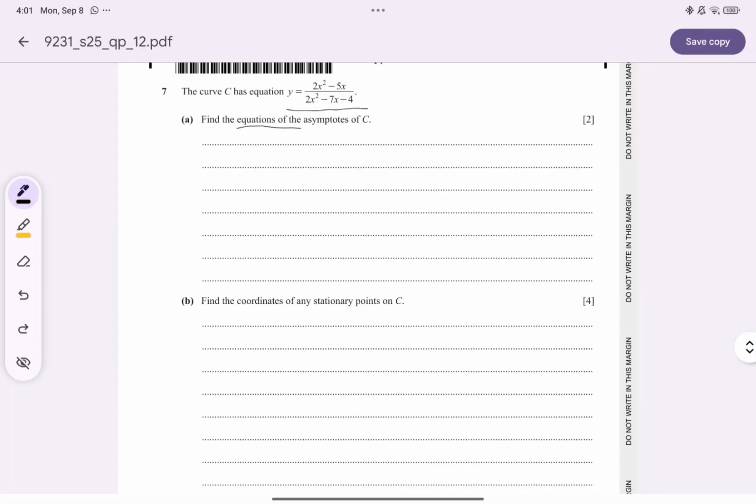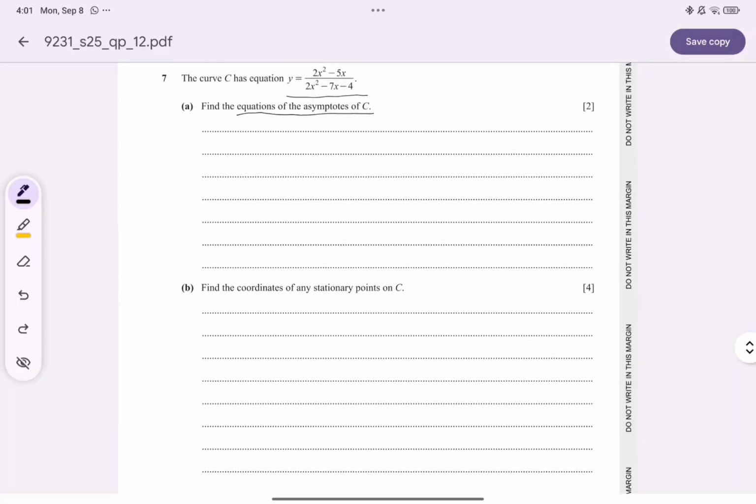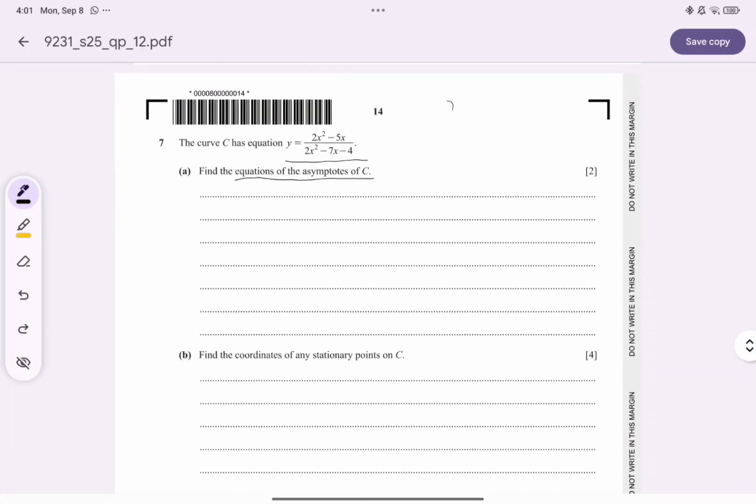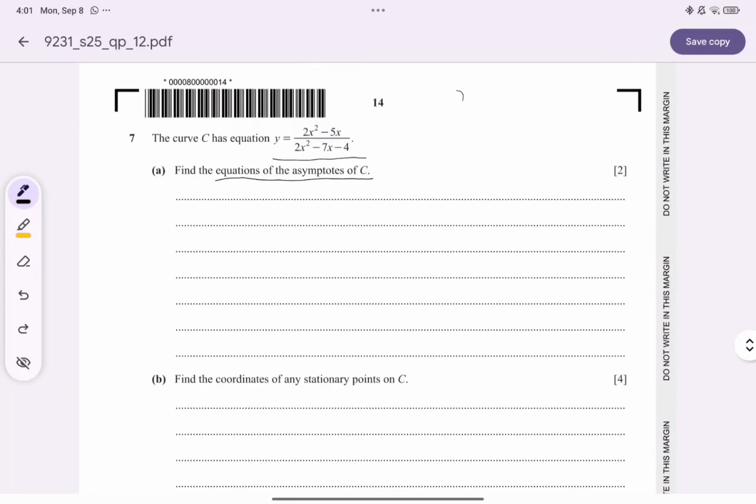So the first part, we need to find the equations of the asymptotes of C. In order to do that, we first have to divide the whole equation, since, as you can see, the degree of the numerator is 2, same for the denominator, so we have to do long division first.